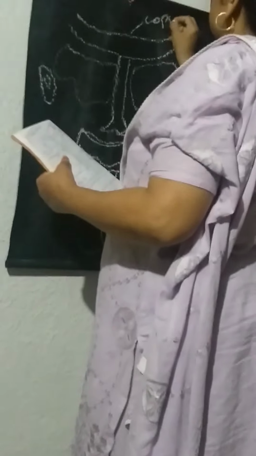So this is the corpus callosum. Then this portion is the fornix. Sorry, this is the septum pellucidum. This is the fornix. This is the caudate nucleus. This is the tela choroidea.